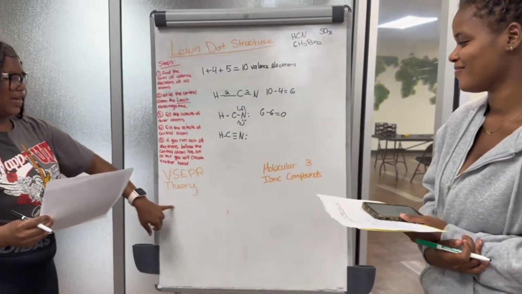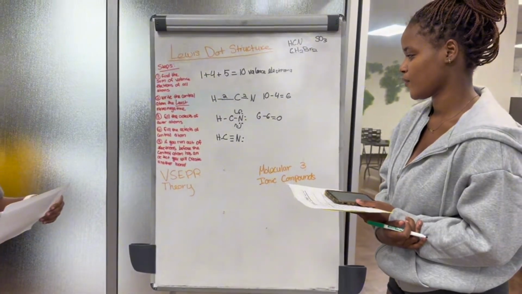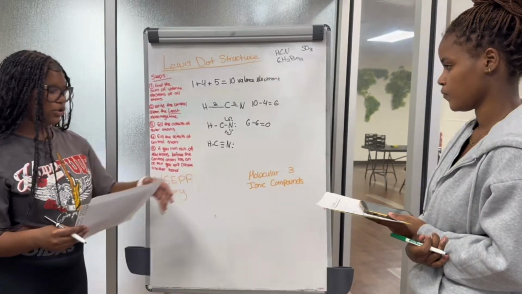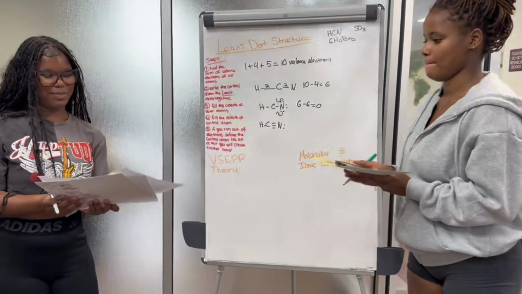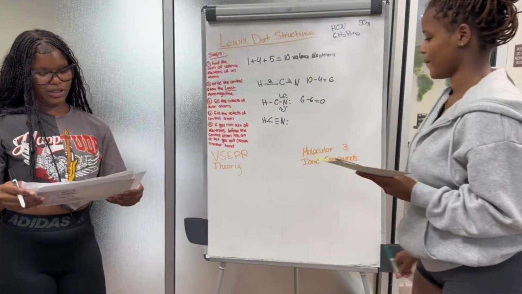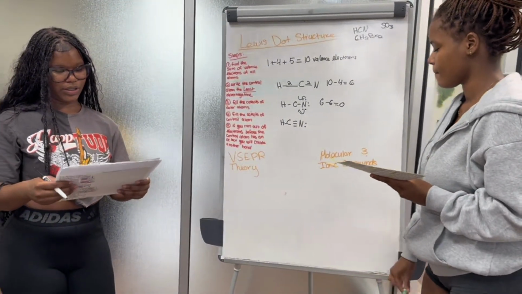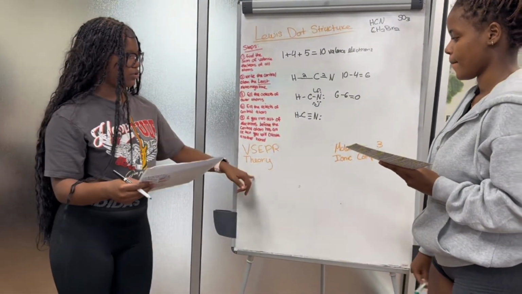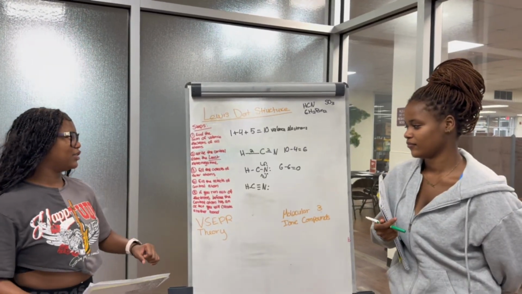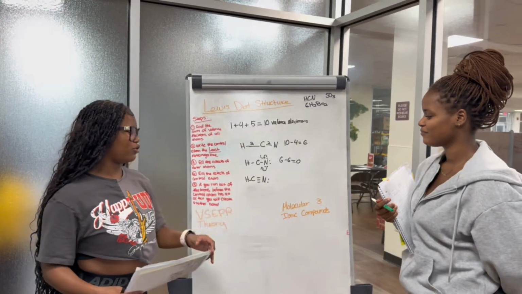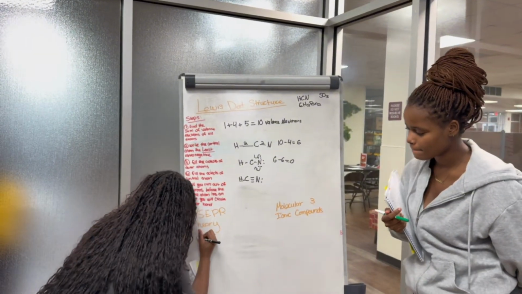And with the VSEPR theory, this is the drawing. So we would look at our paper and see which one is closest. So now we're going to talk about VSEPR theory. Our Lewis dot structure, we're going to write it under.